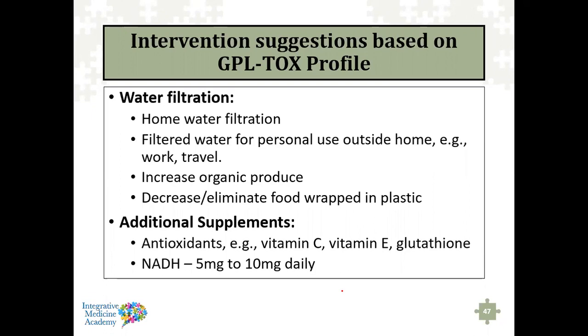We want to make sure they're emphasizing organic food, eliminate food that's wrapped in plastic. Okay, in this particular case, that's sort of the minimum. And then antioxidants, for example, vitamin C, glutathione, NADH could be worthwhile just to boost mitochondrial activity.